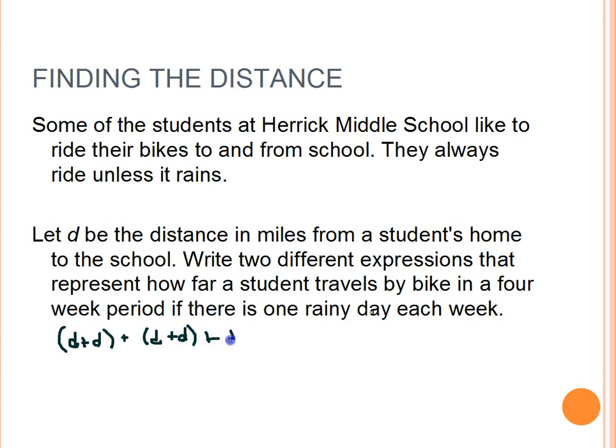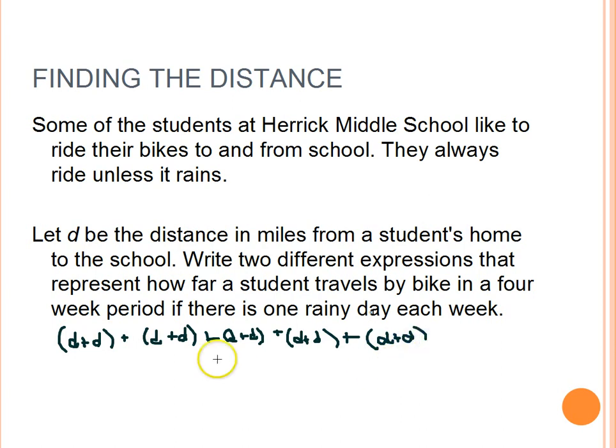Plus the distance there plus the distance back. And then I do it again for up to 5 days. Okay, that's the first part of the problem. So we have 1, 2, 3, 4, plus another distance there, distance back. So that would be 5 days worth.